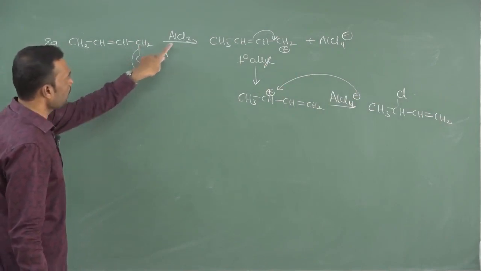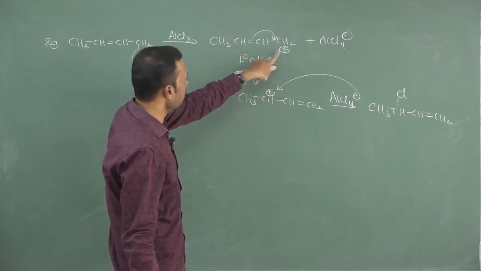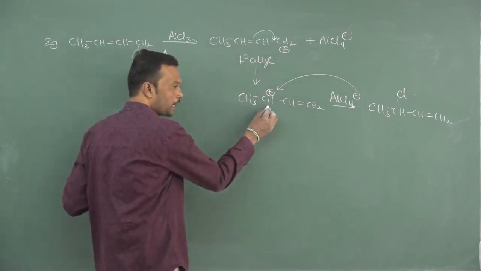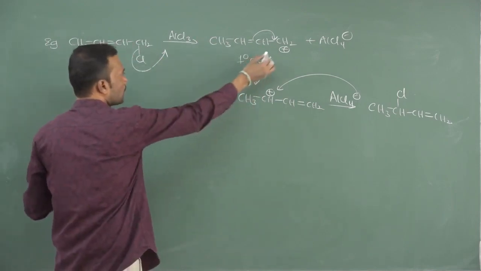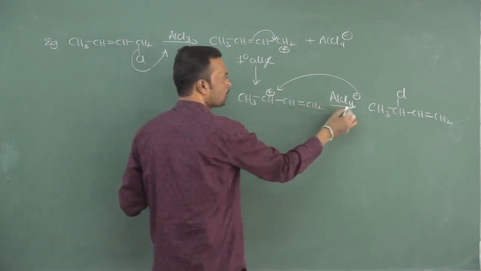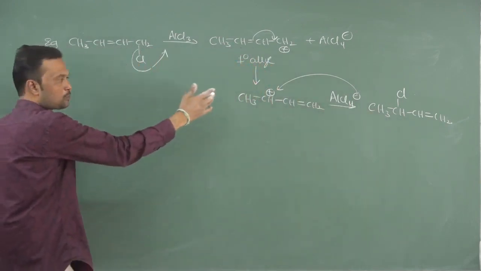After removing chlorine by the Lewis acid, you will get an allyl cation. Now this allyl cation gets stabilized by this double bond and you will get a more stable allyl cation. So after removing, you will get an unstable cation. Now it becomes a stable cation. Then this chloride ion attacks from aluminium tetrachloride, and finally you will get the allylic rearrangement. This is an example of allylic rearrangement, one of the rearrangements.